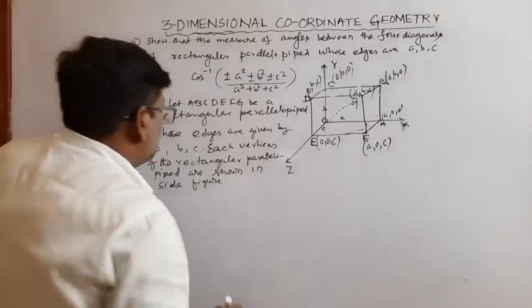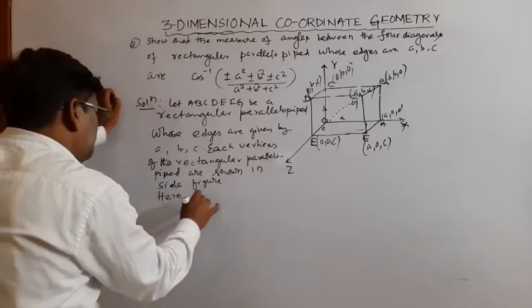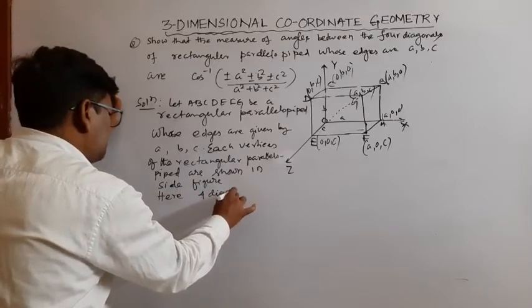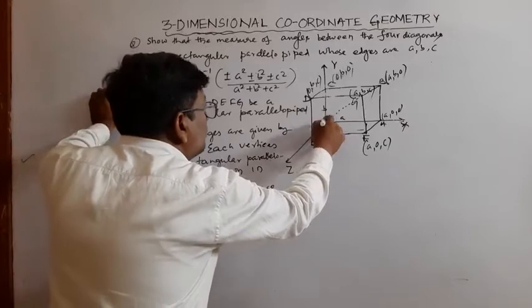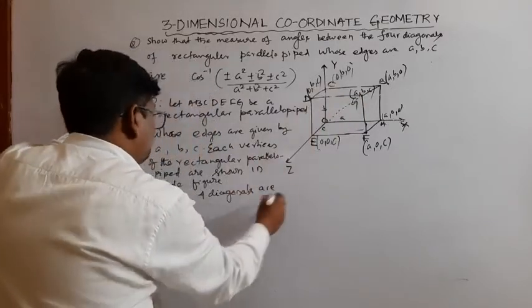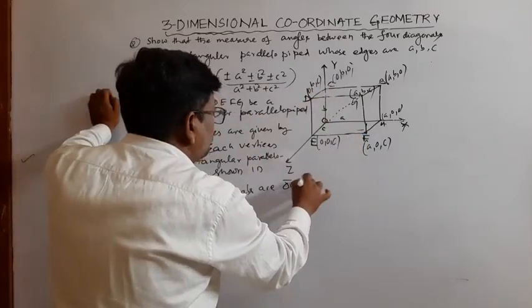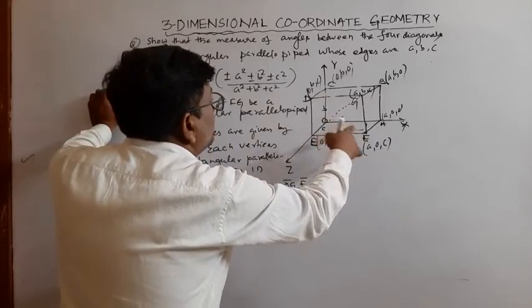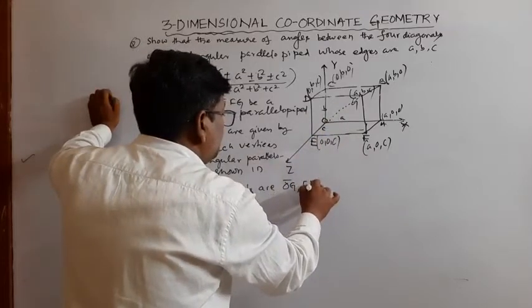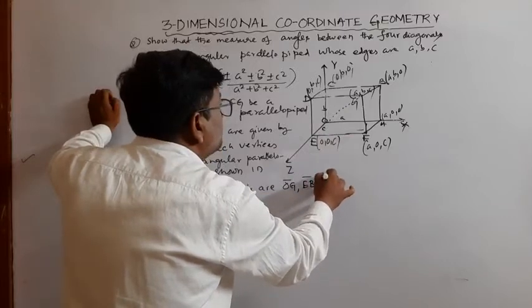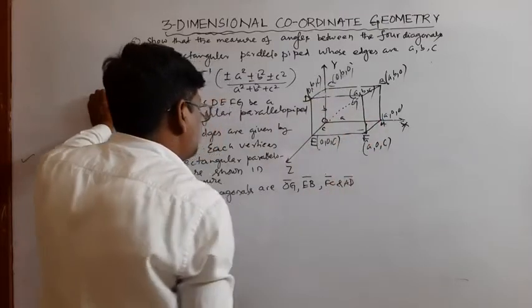So the four diagonals here are OG and FC, and EB, and AD.